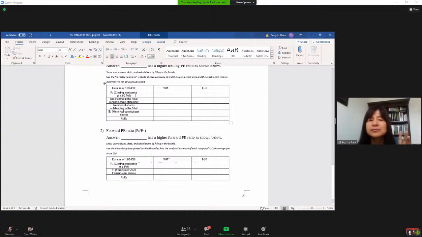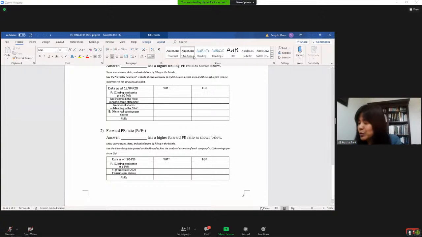So use the closing stock price at 4 p.m., when the market closes, New York time. You find the stock price of Walmart and Target and complete this calculation. So that means I don't know the correct answer yet. You don't know the correct answer yet. We will know the correct answer on December 4th.